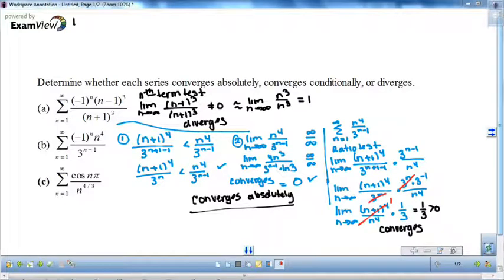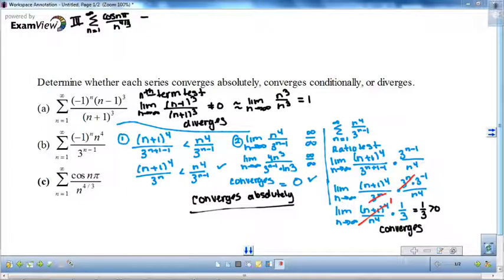So let's look at C. At first glance, C seems a little bit difficult. So what we need to do is look at what happens to cosine of n pi as n starts at 1. So this is going to be cosine of pi, cosine of 2 pi, cosine of 3 pi, 4 pi, 5 pi, and so on.